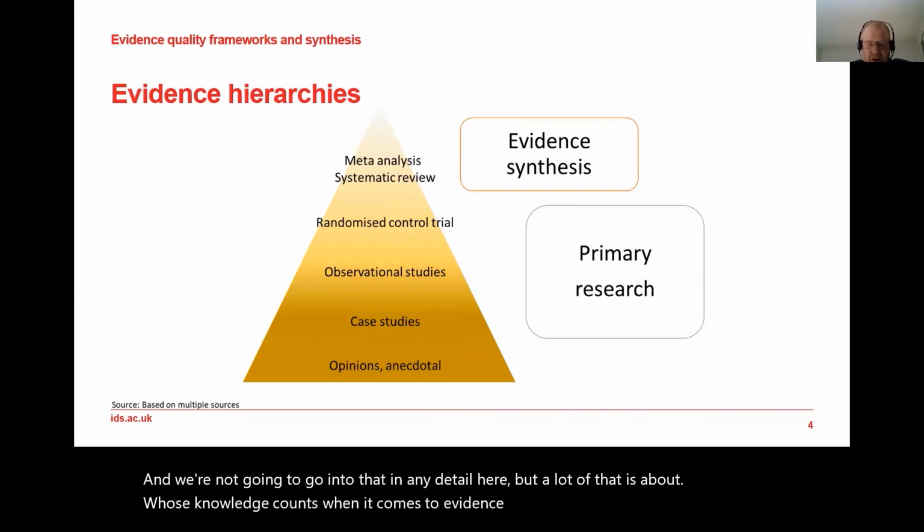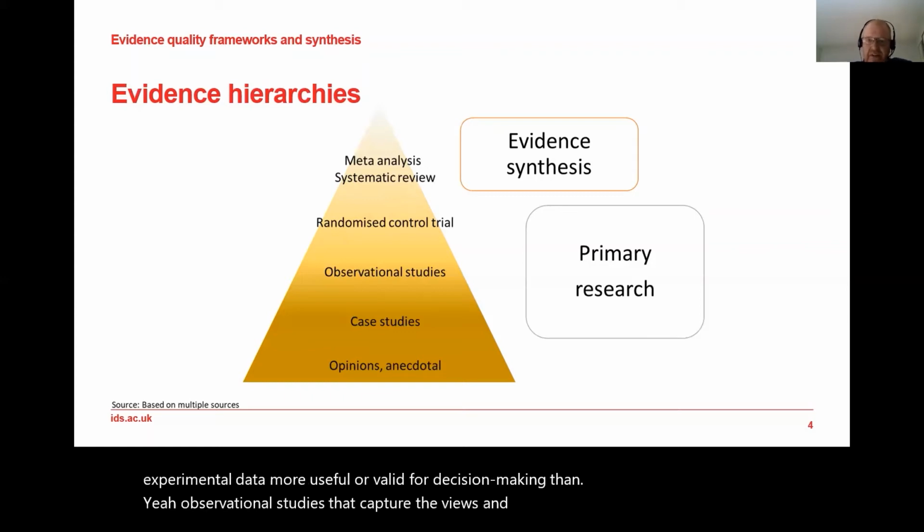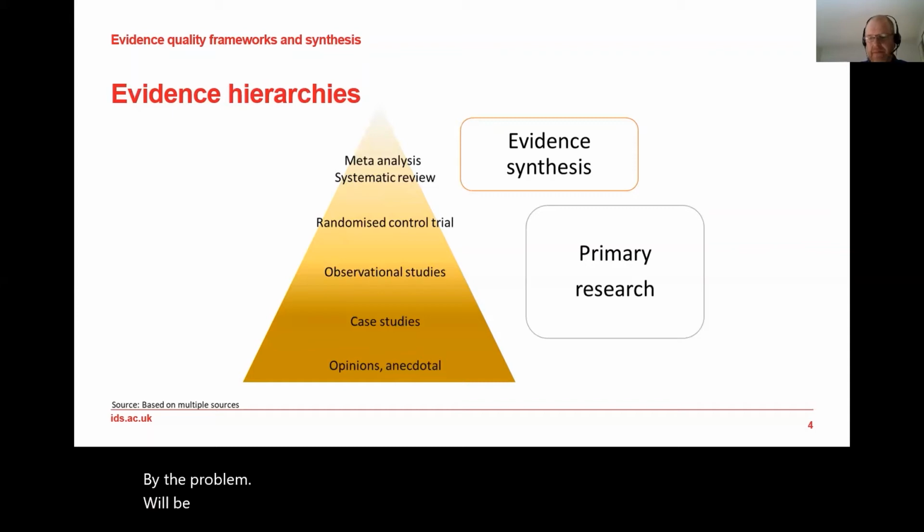So is a scientist's findings based on experimental data more useful or valid for decision making than observational studies that capture the views and lived experiences of those affected by the problem. And we'll be coming back to that discussion.